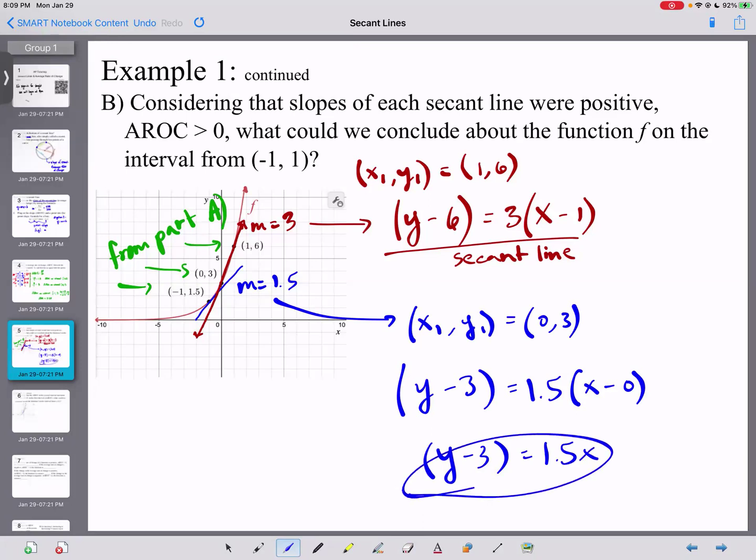So these would be my two secant lines. There's one there, and my other secant line up above.